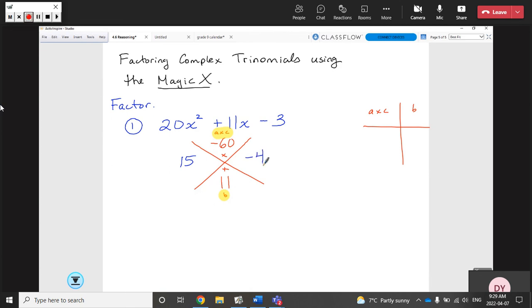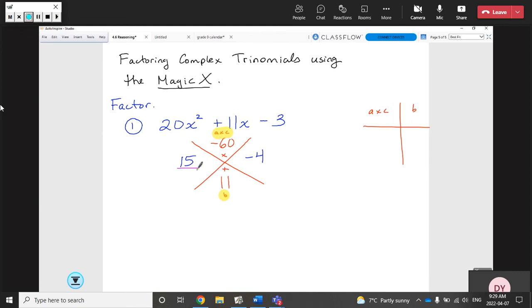Yes? Now here's where the magic happens. When I say magic, we're kind of taking the math right out of this. But it is cool and it does work. What we're going to do is now divide each of these magic numbers by this A value, which sounds so weird. But check it out.